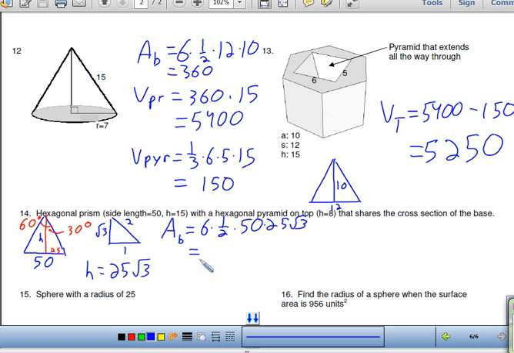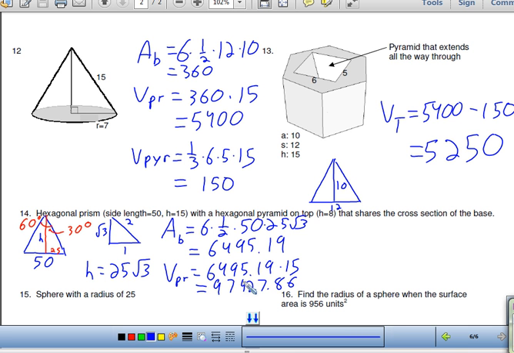Let's find out what that is first. And that is 6,495.19. The volume of the prism now is going to be that area of the base times the height of 15, and that number is 97,427.86.